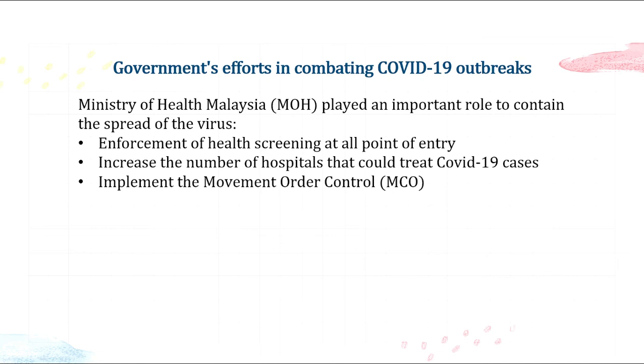Number two, increase the number of hospitals that could treat COVID-19 cases, as a lack of hospitals causes congestion to its hospital staff, and also implementing the movement control order to limit the spread of the virus between state lines. That is one of the government's efforts in combating the COVID-19 outbreak.